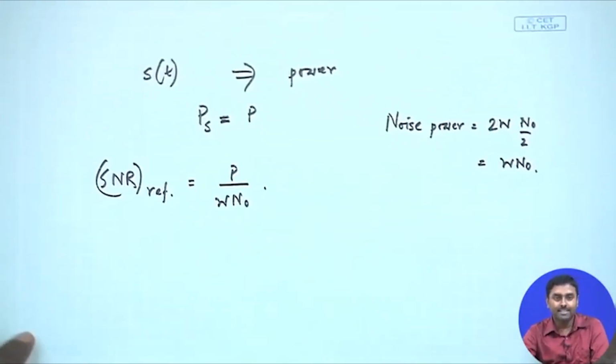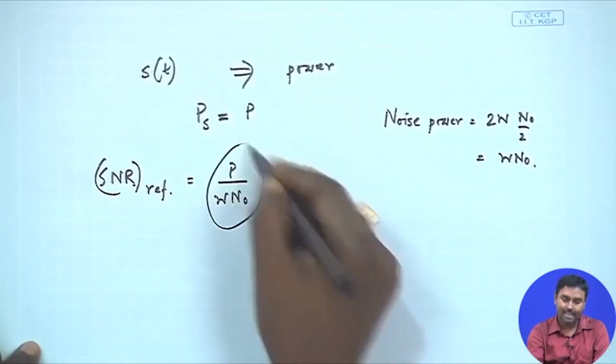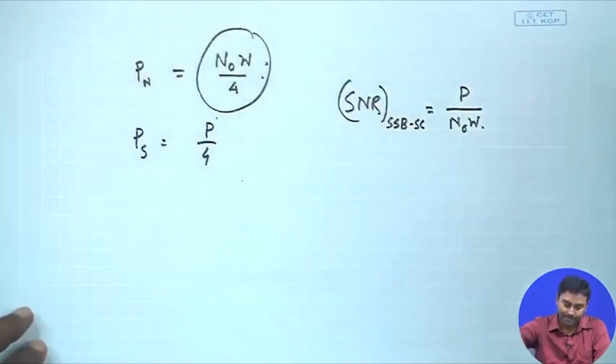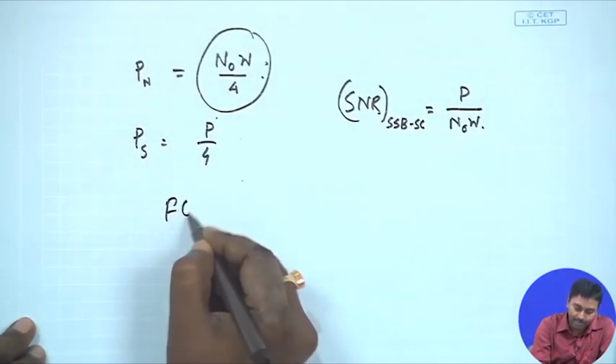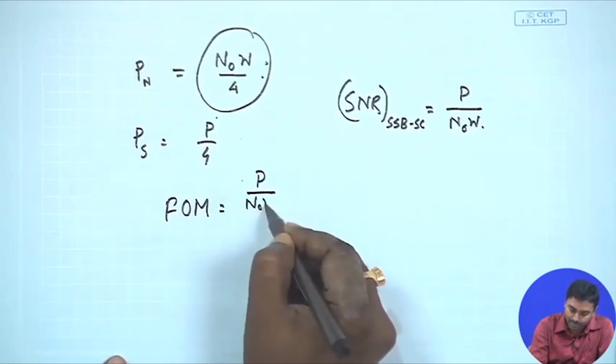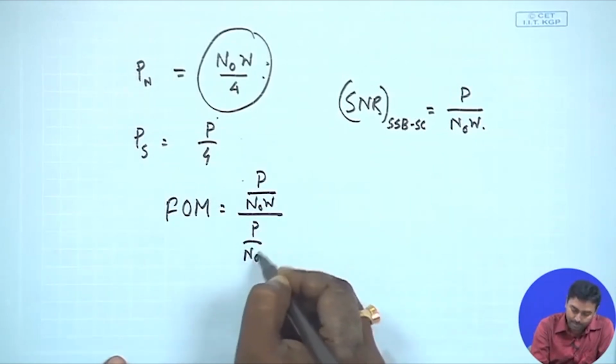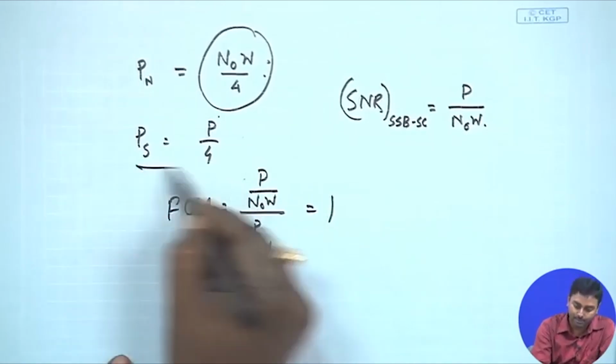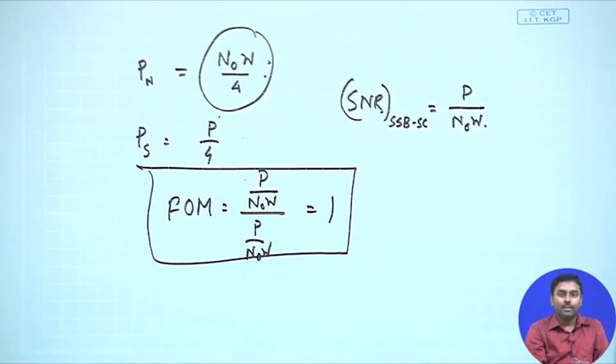what was the reference signal to noise power? Exactly the same. So, therefore, my figure of merit must be this P by N0 W divided by P by N0 W. Again we get a figure of merit of 1. So, even though SSB is a bandwidth efficient modulation scheme, you will be expecting that probably it will be taking less amount of noise.